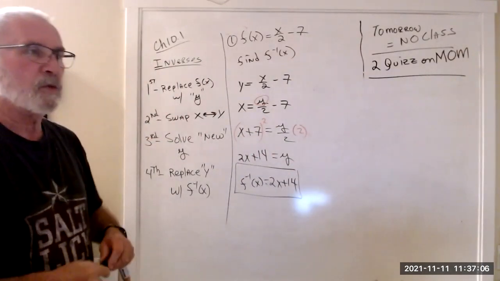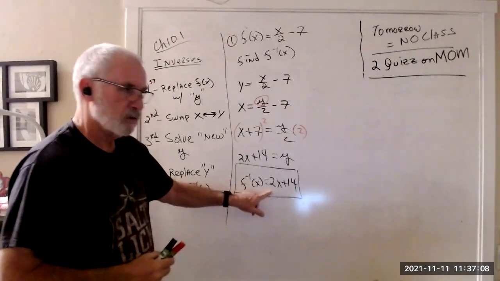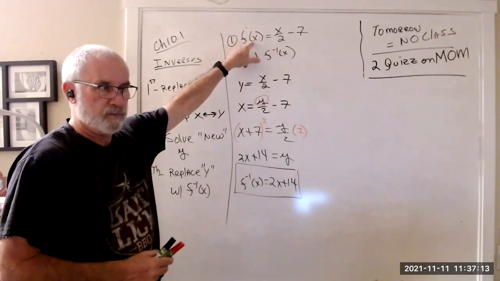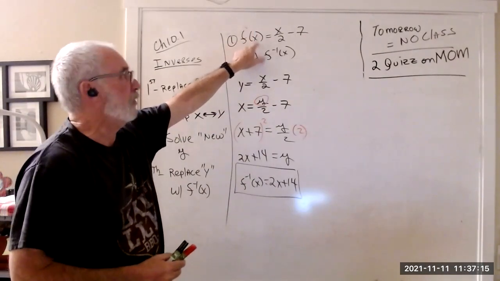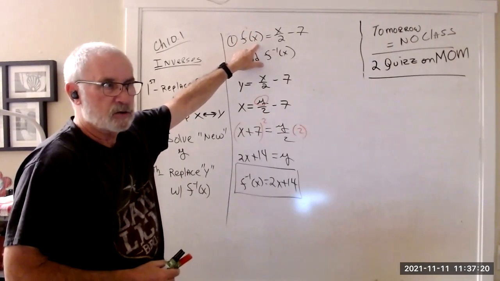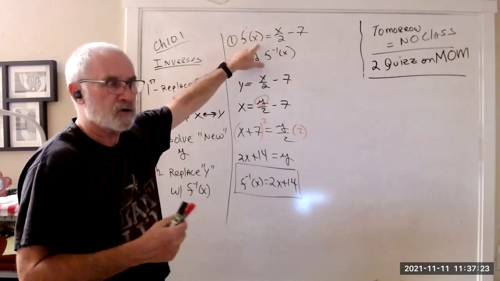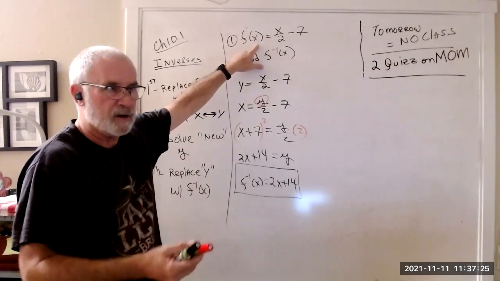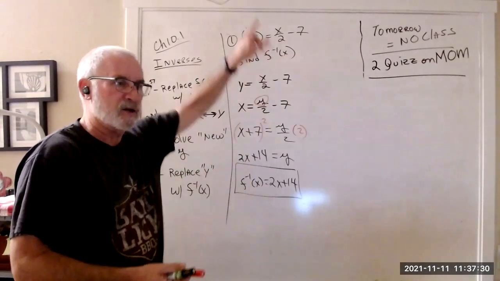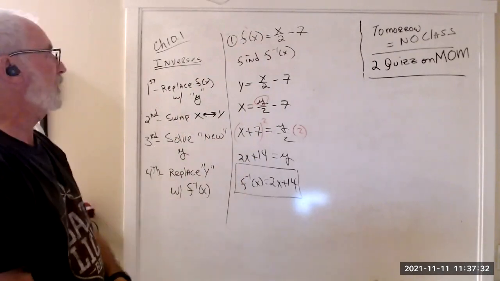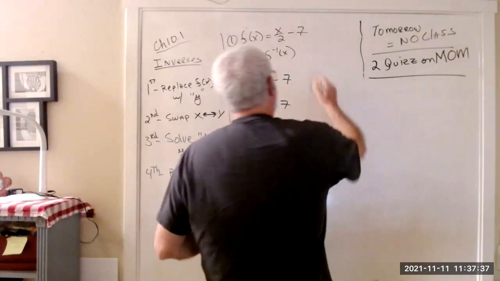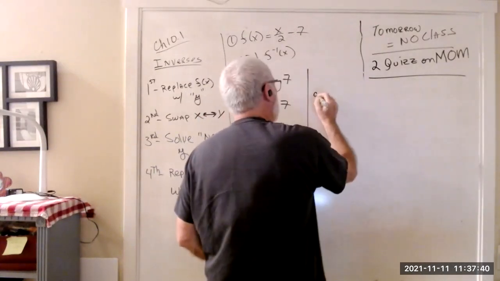So this function is the inverse of this function. Whatever this function does to a number, however it changes it, because remember, that's the basic idea of a function, it changes the value of a number, this takes that changed number and turns it back into the original number.